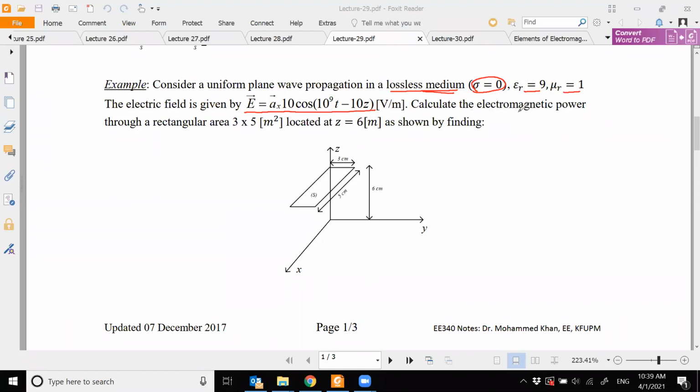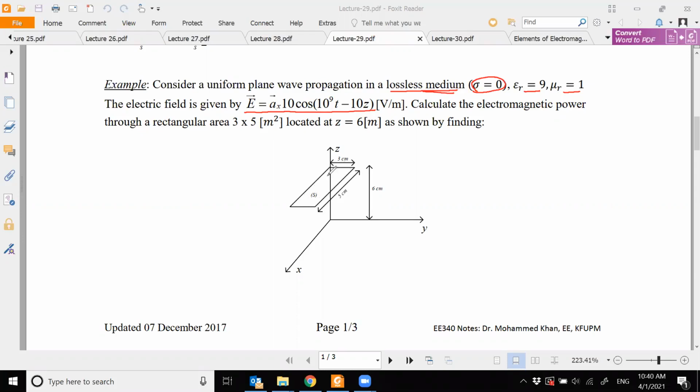Now we need to calculate the electromagnetic power through a rectangular area of 3 by 5 centimeters, located at z equal to 6 meters. So if this is my z, it is at 6 meters and this is 3 centimeters by 5 centimeters. This is my surface area.